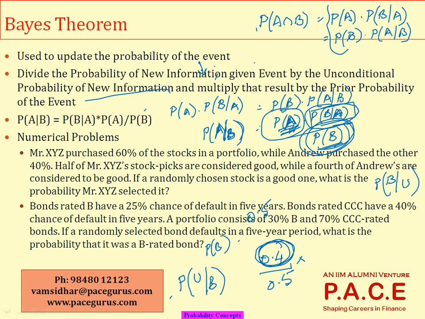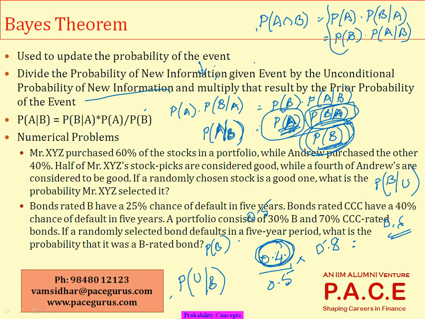The other way around, if unemployment already exists, what is the chance of the economy being bad? Let's say that is around 0.8. Then 0.4 by 0.5 into 0.8 is around 0.6 or something, which is the updated probability. In case the economy is bad, the unemployment is going to be around 60%.